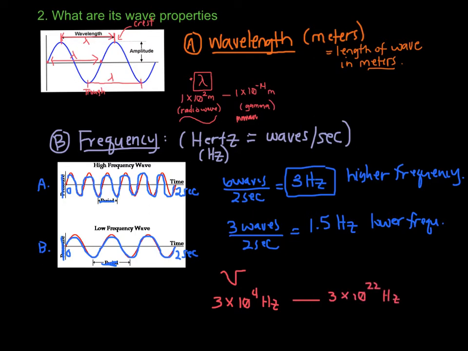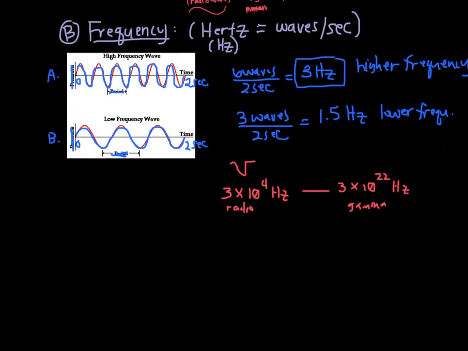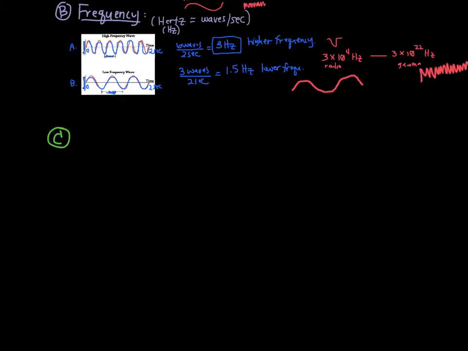So clearly a lot more waves per second for our gamma radiation versus something as low as radio waves, right? So if we were to look at what kind of wave we're talking about here, again, very long waves versus really short waves with very short wavelengths.